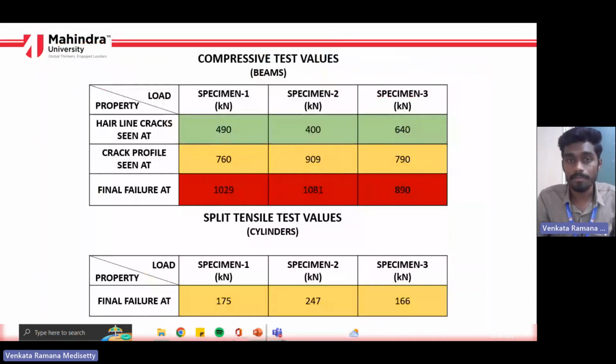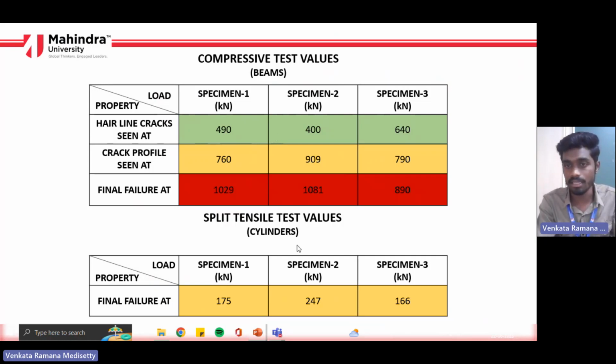Regarding output values of cubes and cylinders, these are the load values I'm getting for 3 specimens, 1, 2, and 3, as I've casted 3 beams. At 490 kilonewton, I've seen hairline cracks on the surface, and at 760 kilonewton, I've seen the distribution of those cracks below the neutral axis depth, and final failure with cracks reaching the bottom surface, at 1029 kilonewton.